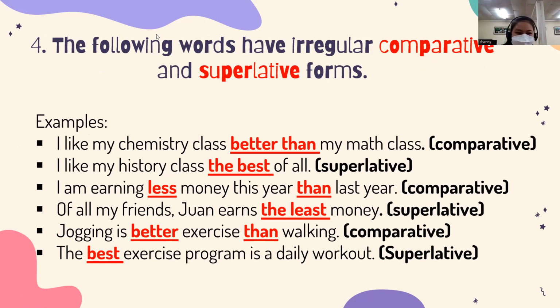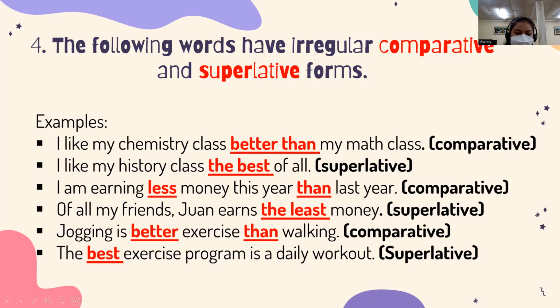The fourth condition: the following words have irregular comparative and superlative forms. For example, I like my classmate better than my math class. I like my history class the best of all.